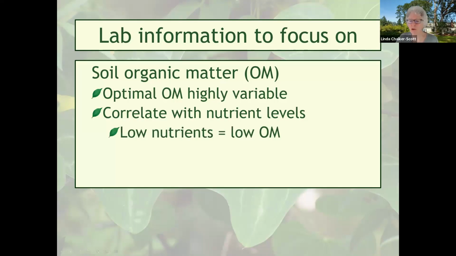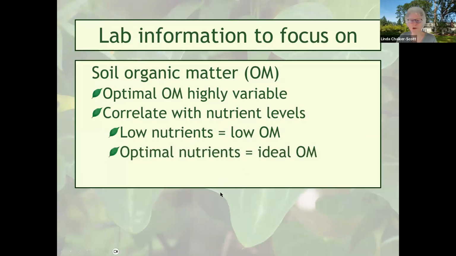If you have low nutrients, and on your side of the state, especially if you have a relatively new landscape and garden, you might have low nutrients because it's a drier part of the country. So you may have to add more organic matter. If you have optimal nutrients, that means you've got the perfect amount of organic matter.